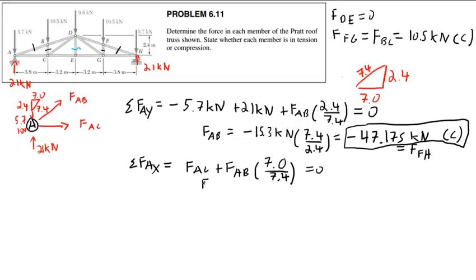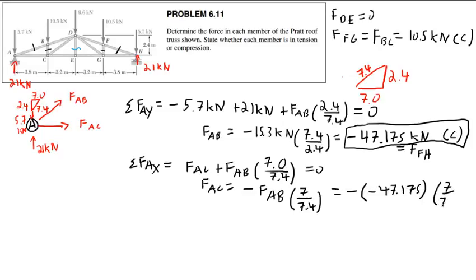And FAC, therefore, will be equal to negative FAB times 7 over 7.4, equals negative 47.175 times 7 over 7.4.